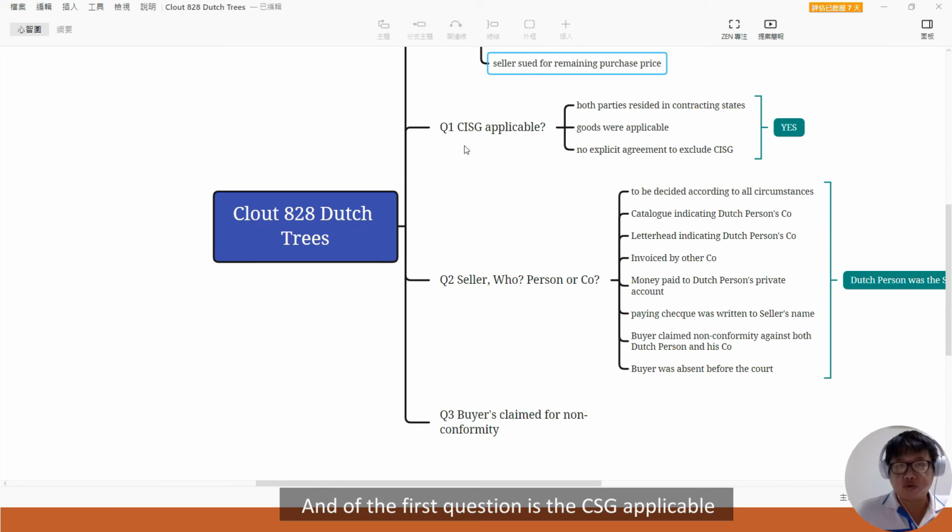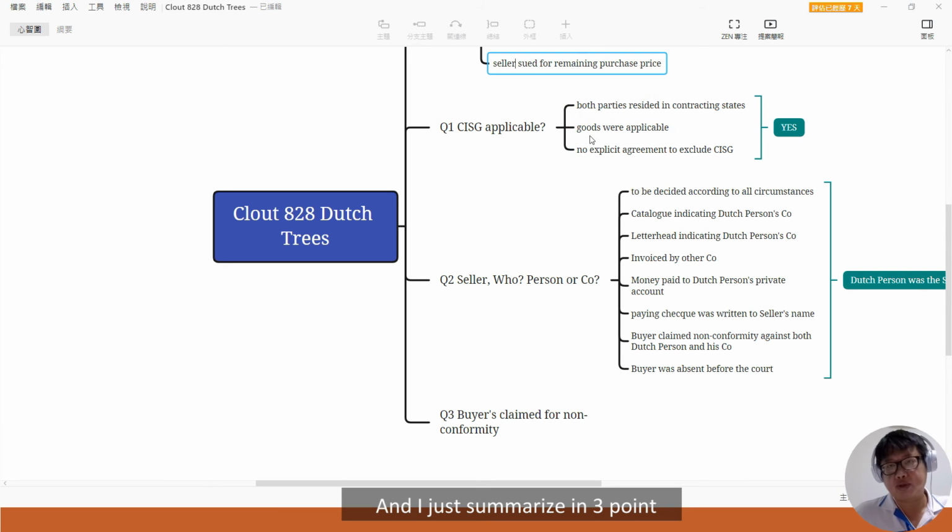The first question is whether the CISG is applicable, and I summarize this in three points.